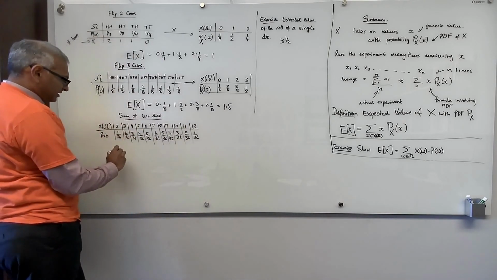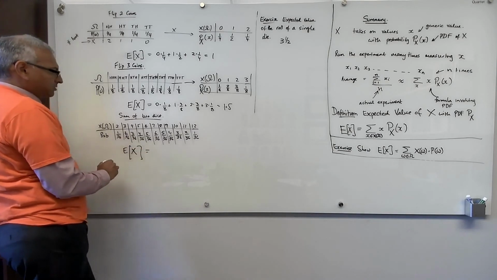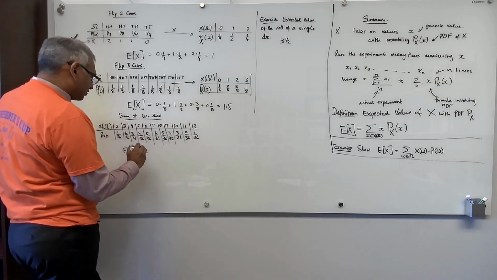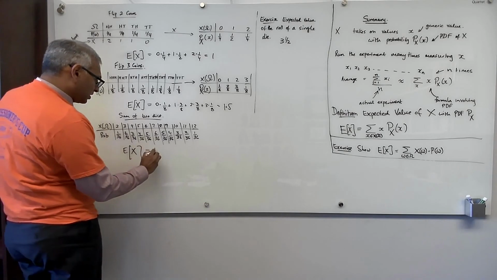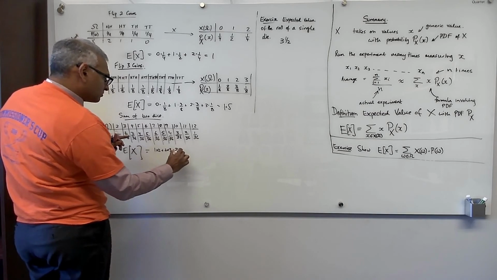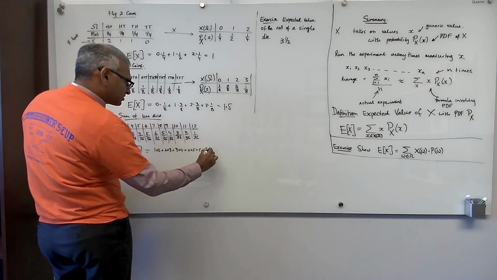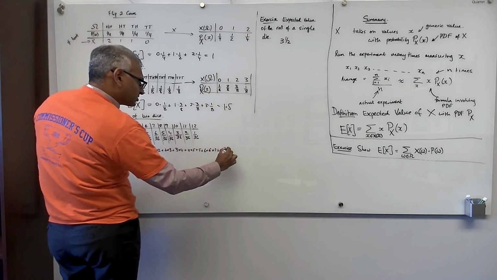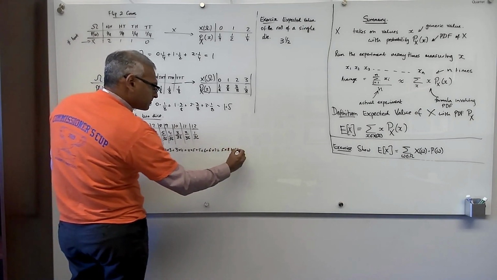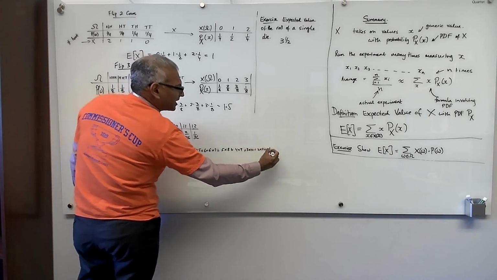If we compute the expected value of the random variable, you weight the possible values by the probabilities and add. So you're going to get 1 times 2 plus 2 times 3 plus 3 times 4 plus 4 times 5 plus 5 times 6 plus 6 times 7 plus 5 times 8, plus 4 times 9 plus 3 times 10 plus 2 times 11 plus 1 times 12.